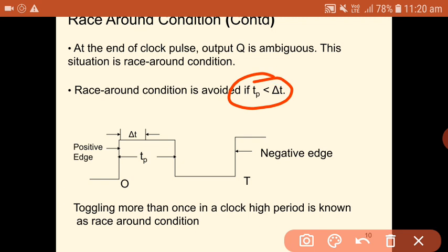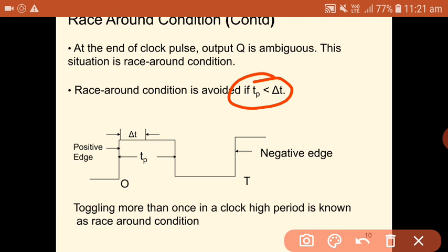So the race around condition is avoided if TP is less than the propagation delay of the flip-flop. TP, the duration for which the clock pulse is high, should be less than the propagation delay of the flip-flop so that you can avoid the race around condition. So what is the race around condition? Toggling the output of the JK flip-flop more than once in a single clock pulse.